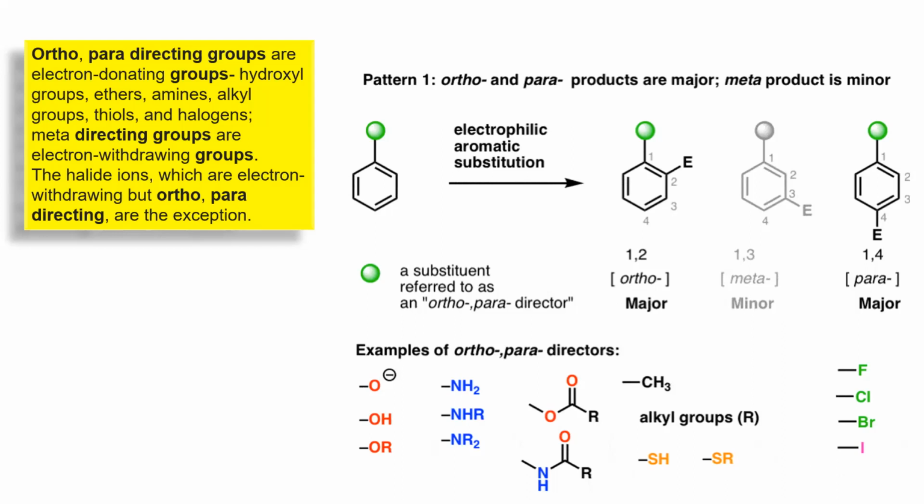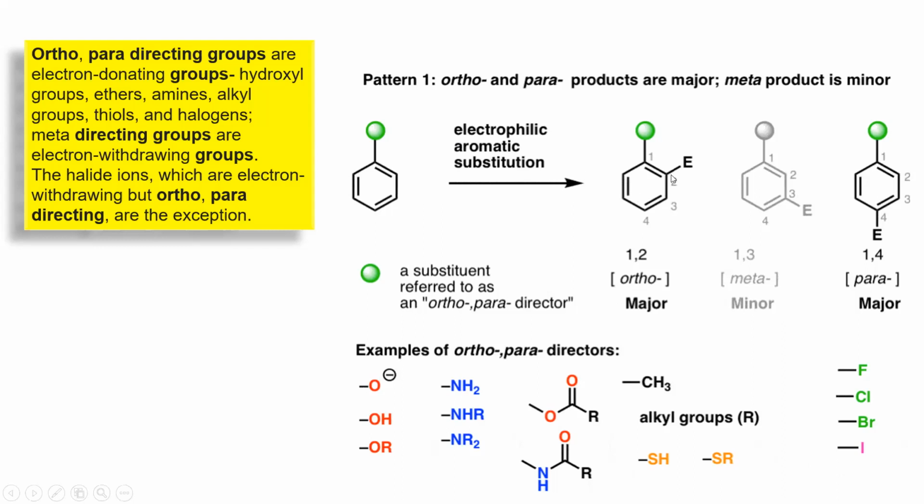Hence, we can say ortho-para directing groups are electron donating groups, namely hydroxyl groups, ethers, amines, alkyl groups, thiols, and halogens, whereas meta-directing groups are electron withdrawing groups. For example, halides are electron withdrawing, but ortho-para directing as an exceptional case. Hence, here we go with an ortho-para directing group.